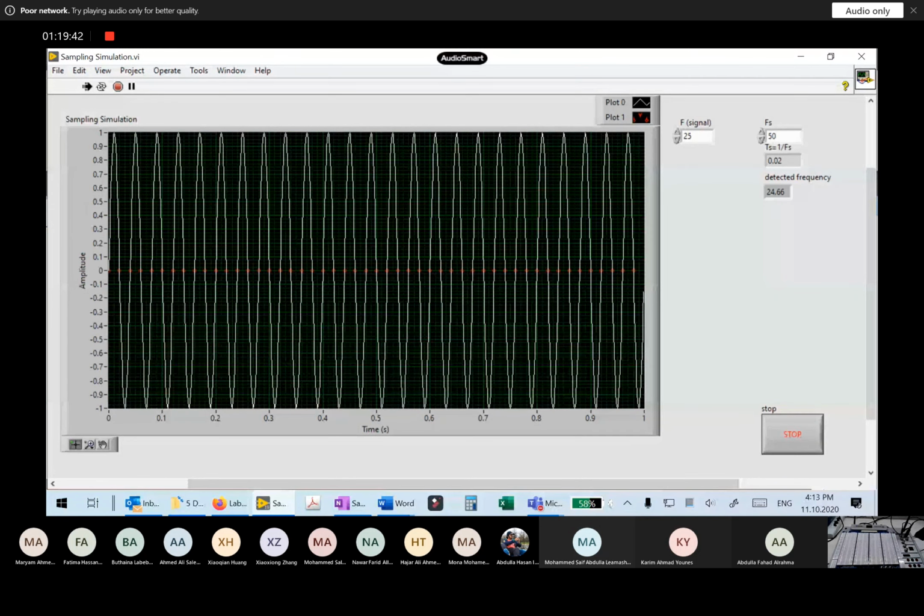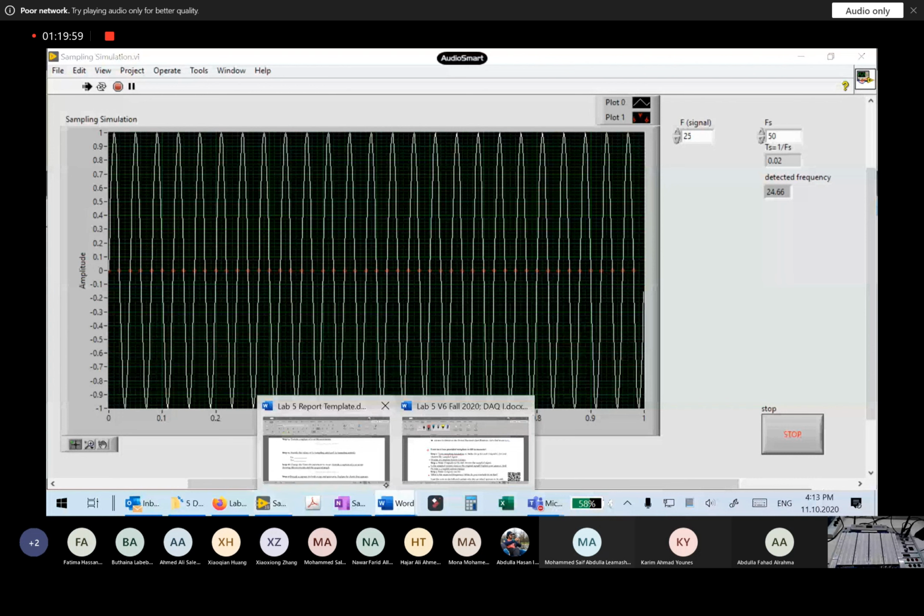If you choose some sampling frequency and fix it, you have a limitation on the input signal frequency. Okay, Shabab, you understand this point? So this means one thing here.